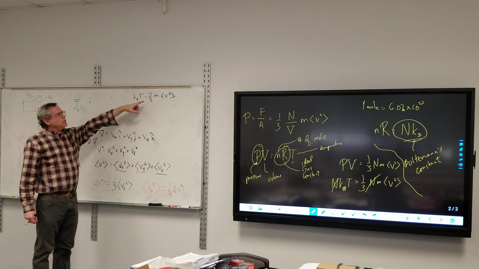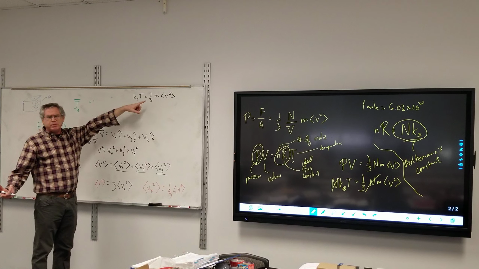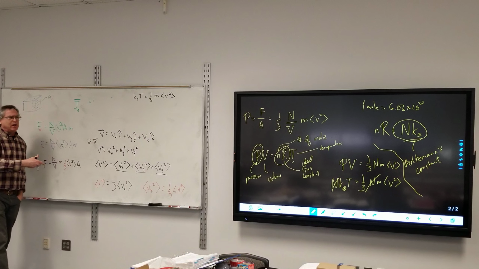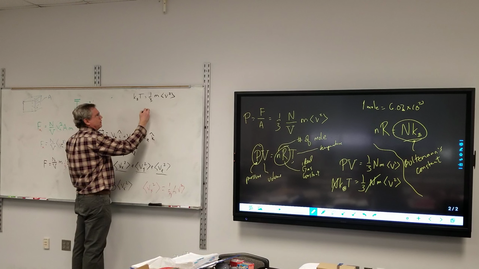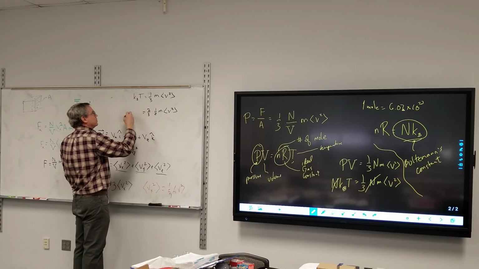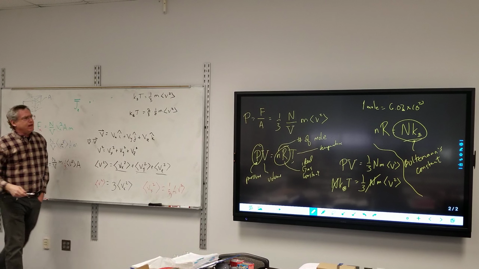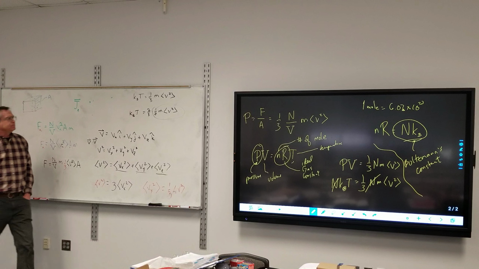So we talked about mv squared already and where that generally shows up, and that was kinetic energy, but kinetic energy is 1/2 mv squared, not 1/3 mv squared. So what I'm going to do is multiply by 2/2. So I have 2/3 times 1/2 mv squared is equal to kBT. I now have a kinetic energy thing here. That's the average kinetic energy.